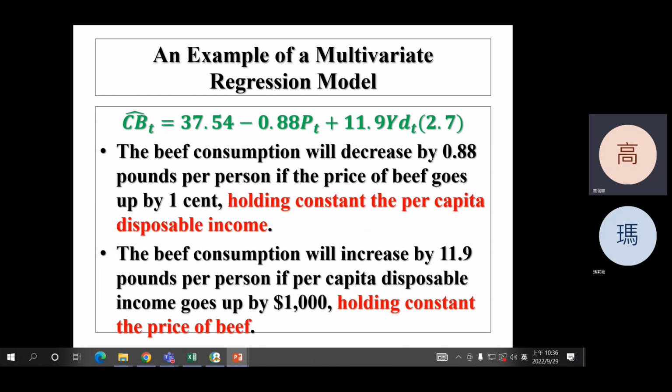When YD is in thousands, the coefficient is 11.9, and now if we change to dollars, how does 11.9 change? 190, 190... You mean 119? Any other answer? Divided by 1,000, because I changed from thousands to dollars.